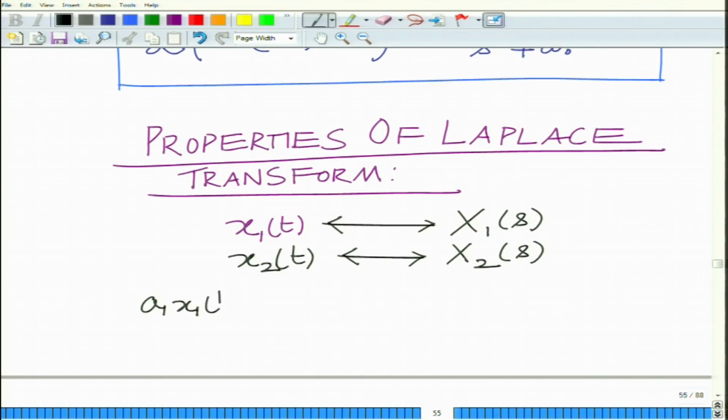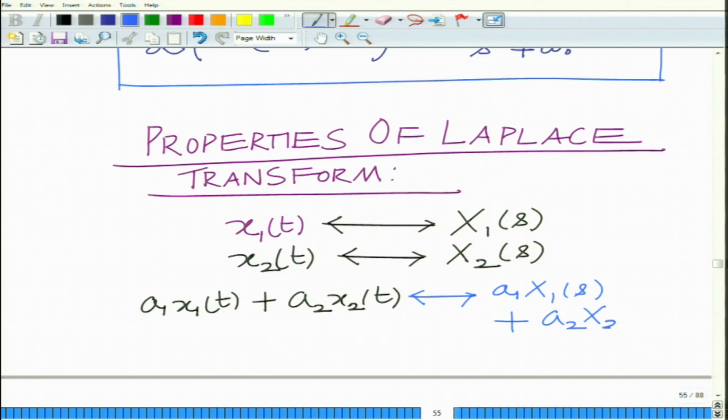So the Laplace transform of a1 x1(t) plus a2 x2(t) is a1 X1(s) plus a2 X2(s), and you can easily show this, because the integral of a sum is the sum of the integrals.